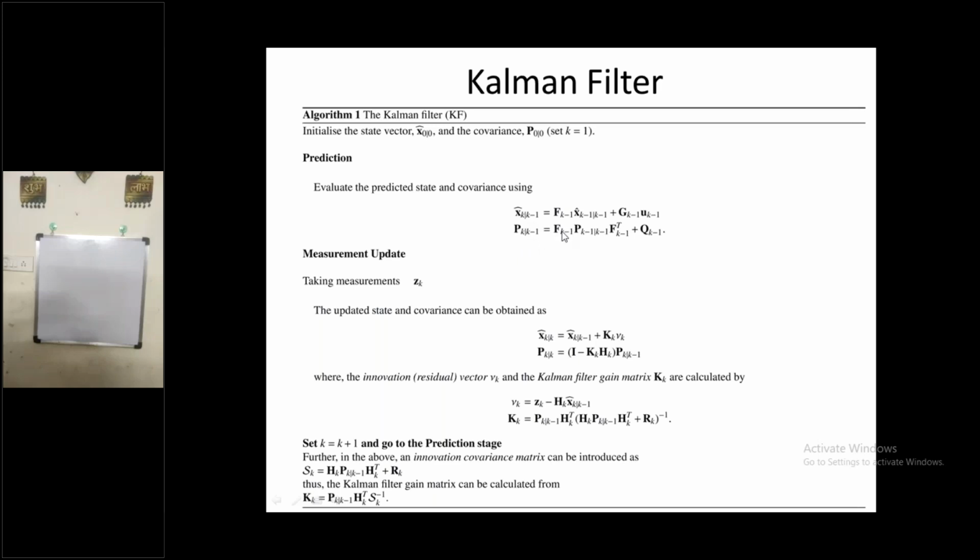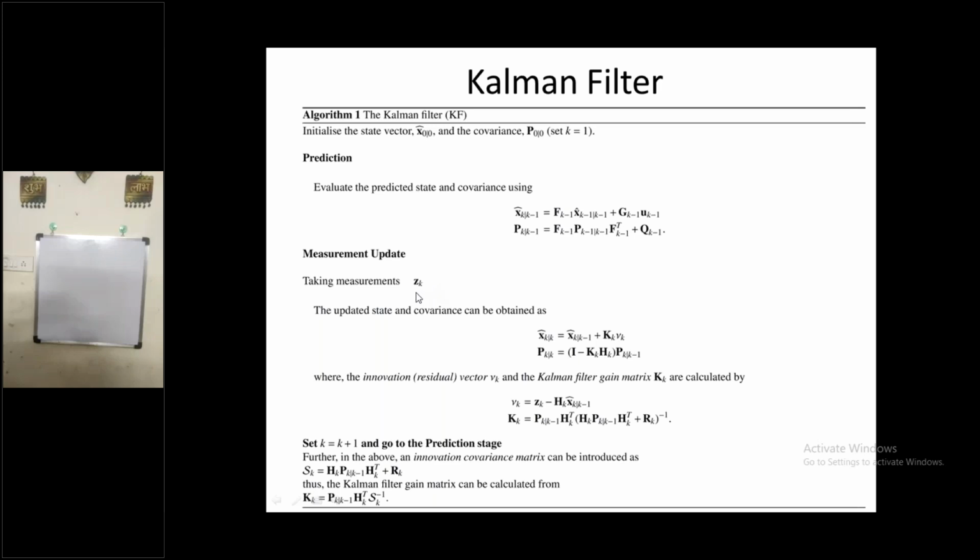The plant is known, so the first thing here is F times P of 0 at 0, which is also known to us, plus Q k. This Q k is the noise covariance, which should also be known to us. So apart from the initial values of the states and the covariance, you should be aware of the Q and R. The Q and R are basically the process noise covariance and measurement noise covariance. Based upon these initial values, when k equal to 1, you know what this is.